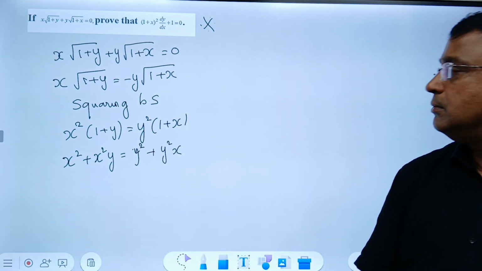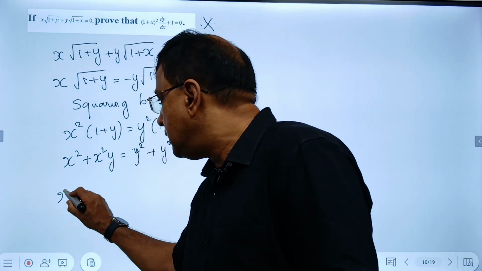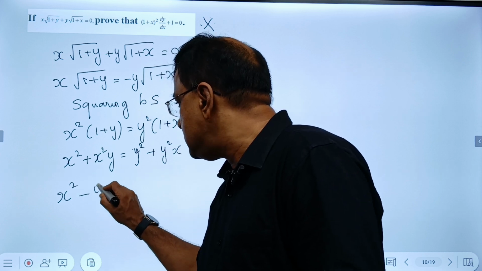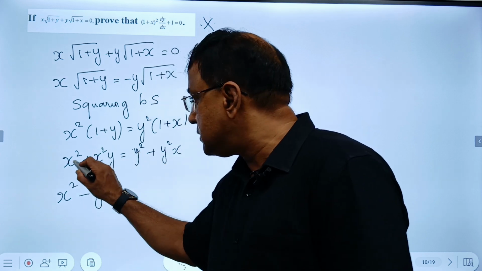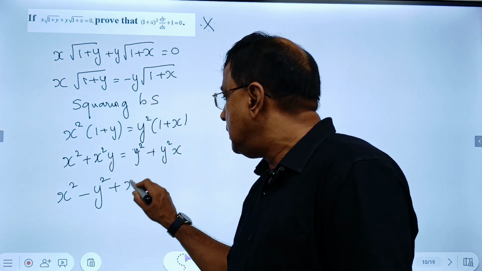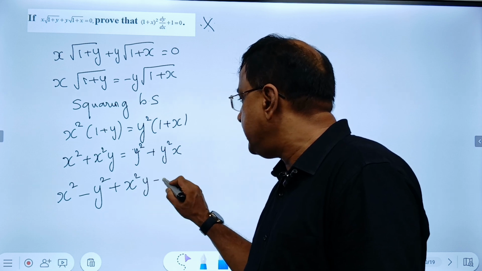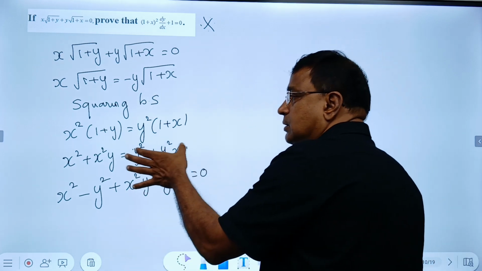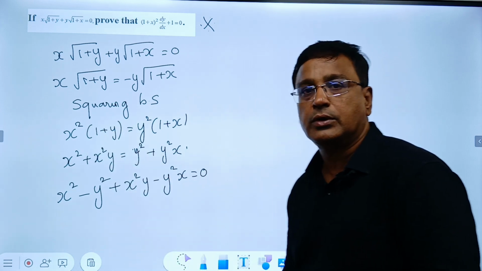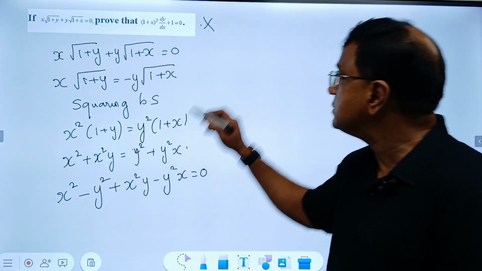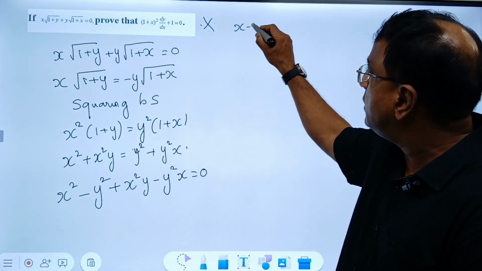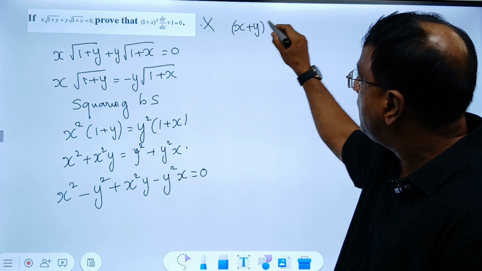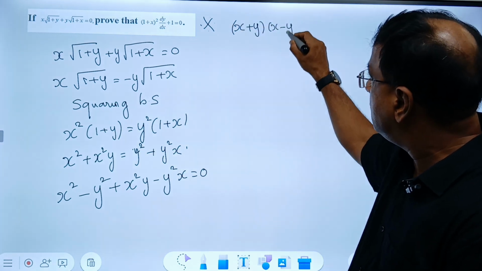Then what I should do? Don't differentiate. X square minus y square, I took this term that side, plus x square y minus y square x equal to 0. I took both the terms to the other side. Okay. Now what is x square minus y square? X square minus y square is x plus y into x minus y. Okay.